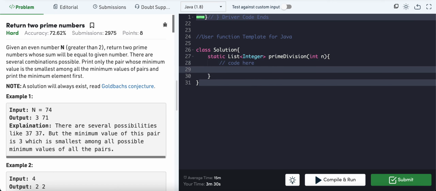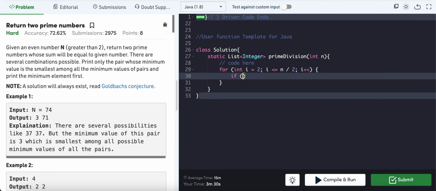We can try this. As I told, we can start from 2 until n by 2, with i plus plus. If we find i as a prime, then we also check whether n minus i is a prime, because there can be some other number.